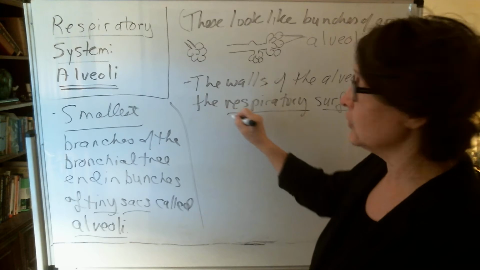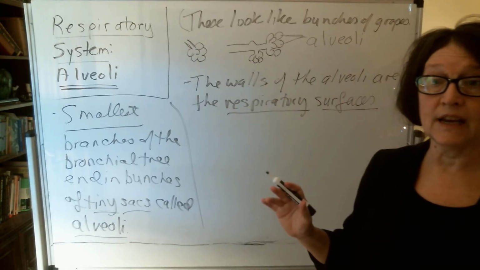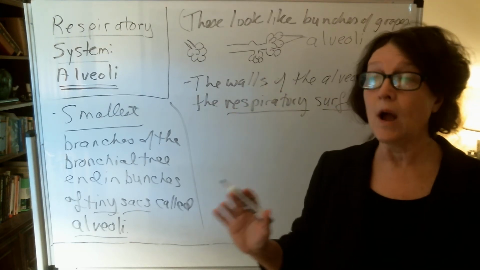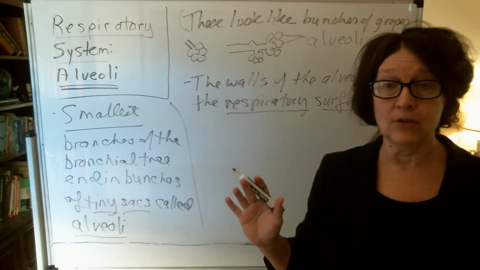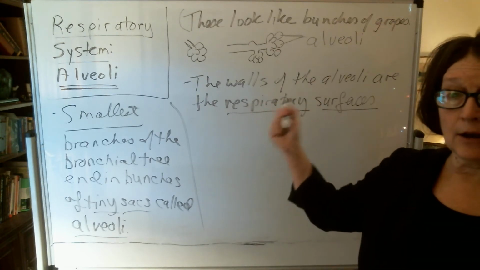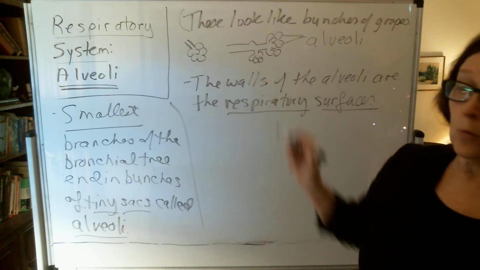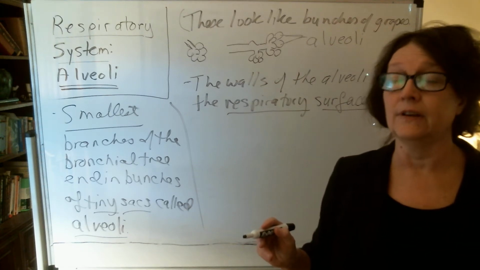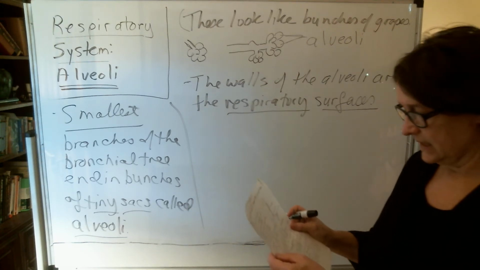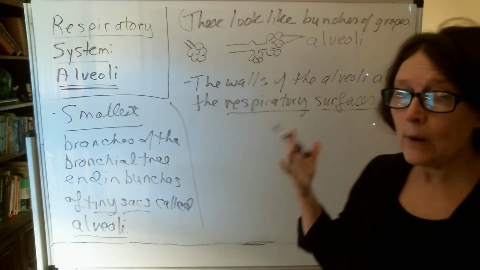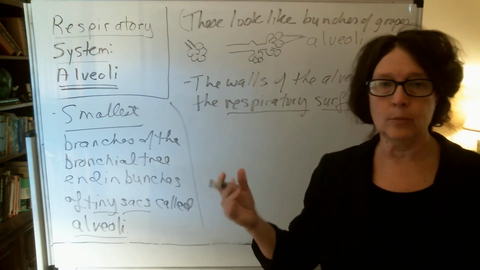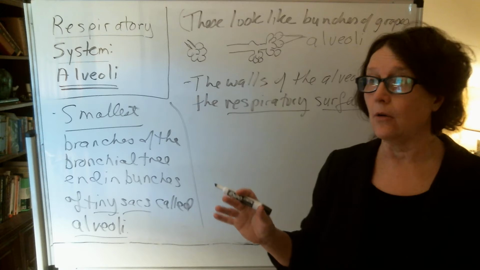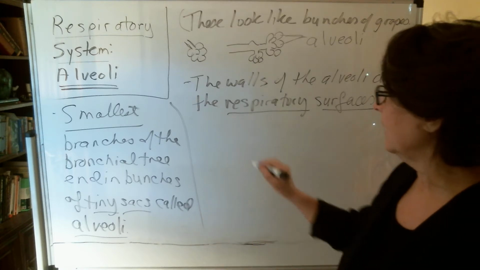So this is actually the big ticket item. This is where gas exchange takes place. This is why you have all that tubing beforehand, is to deliver the air to the respiratory surfaces, which are the walls of the alveoli, those little fleshy balloons, as I said. So why do we have all of that tubing? Why do we have all of that branching of the bronchial tree then?